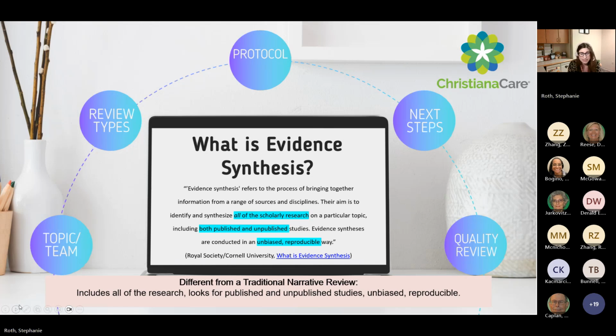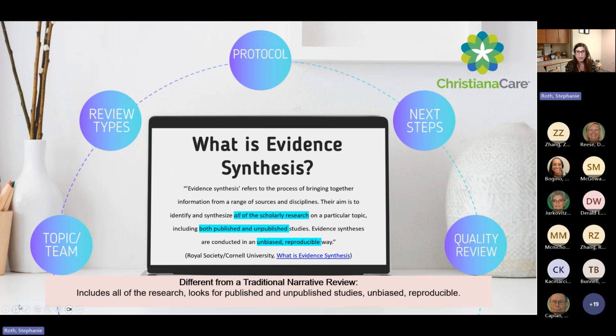So what is evidence synthesis? Evidence synthesis is kind of the umbrella, so we can't really talk about systematic reviews without also mentioning evidence synthesis. You'll often hear evidence synthesis and systematic reviews thrown around, and I do it too, but systematic reviews refers to just one review type within the whole evidence synthesis.